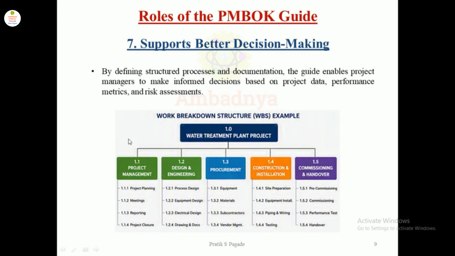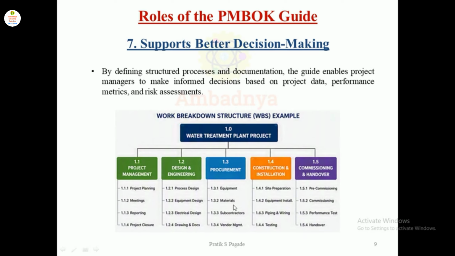This is a work breakdown structure example for a water treatment plant project. Project management is broken down into project planning, meeting, reporting, and project closure. Designing and engineering is broken down into process design, equipment design, electrical design, drawings, and documents.